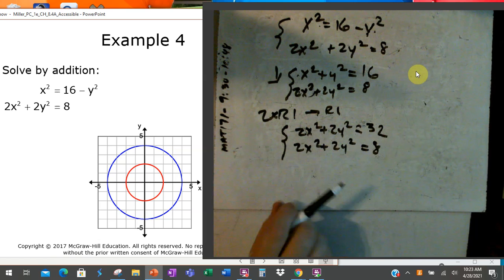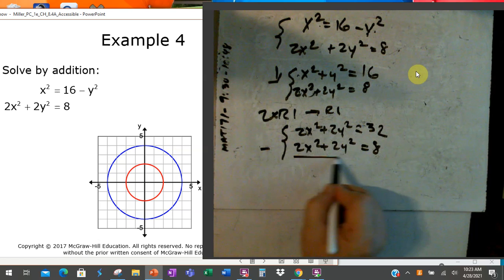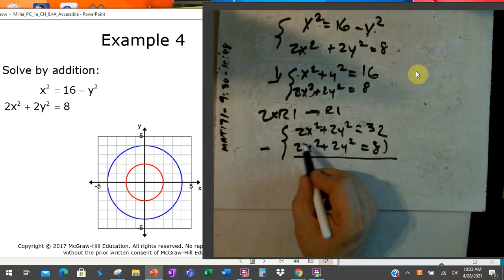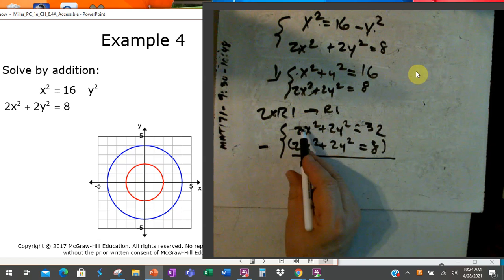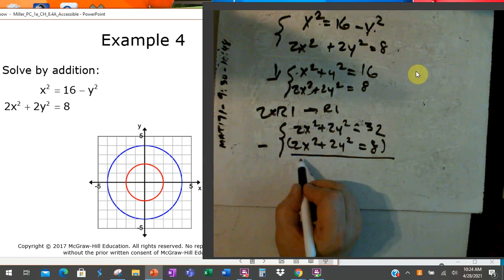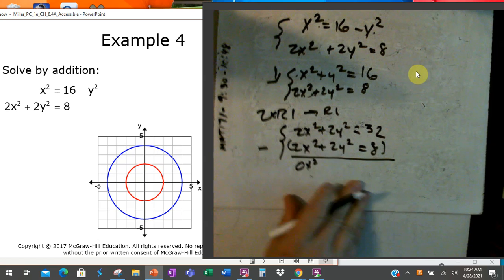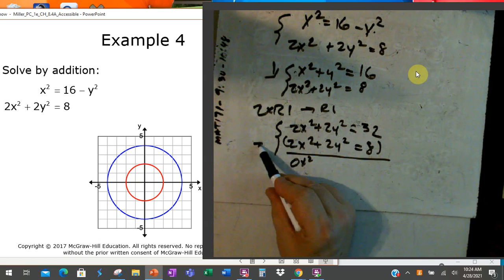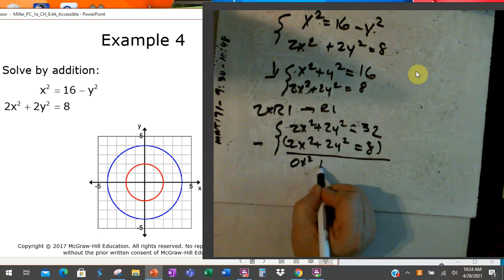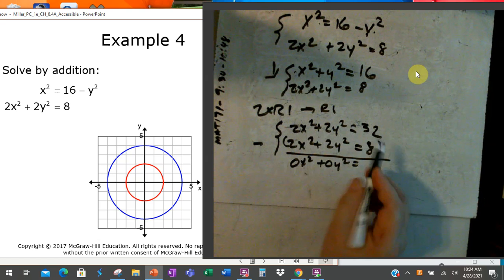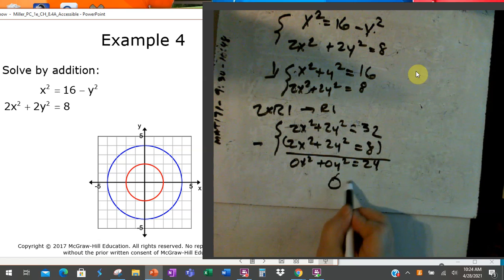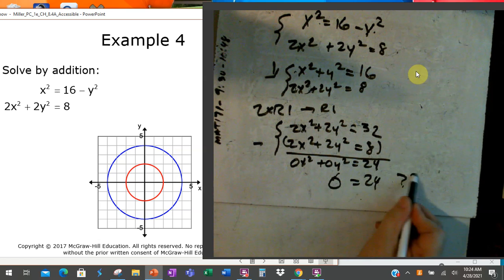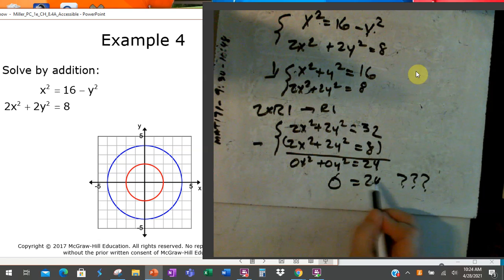But if I don't notice it, and if I'm just focused on getting rid of my x squareds, I subtract this off. 2x squared minus 2x squared, 0x squared. 2y squared minus 2y squared, plus 0y squared. 32 minus my 8, that gives me my 24. 0 equal to 24. When in the heck is 0 ever equal to 24?